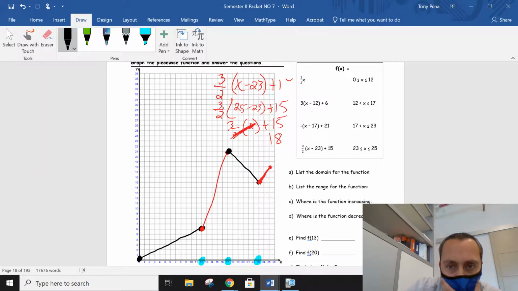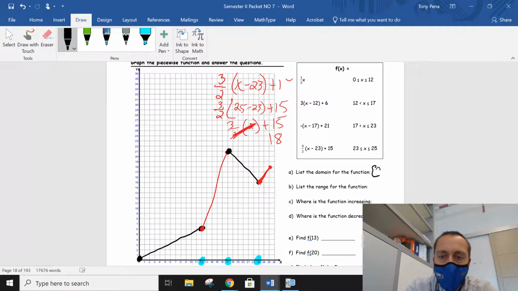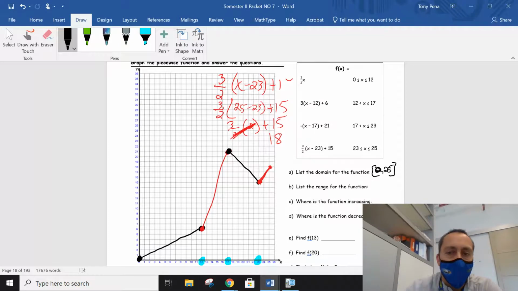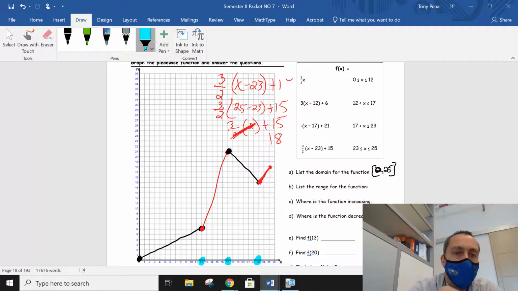And Jenna, what do you think for our domain? Good. She said 0 to 25 with brackets. Did you do it with the graph or did you do it with the function? Okay, so she said she did the graph. She looked at the graph and saw that we started at the x value of 0 and it finished over here at the x value of 25. So that's our left bound, that's our right bound. She did it that way.